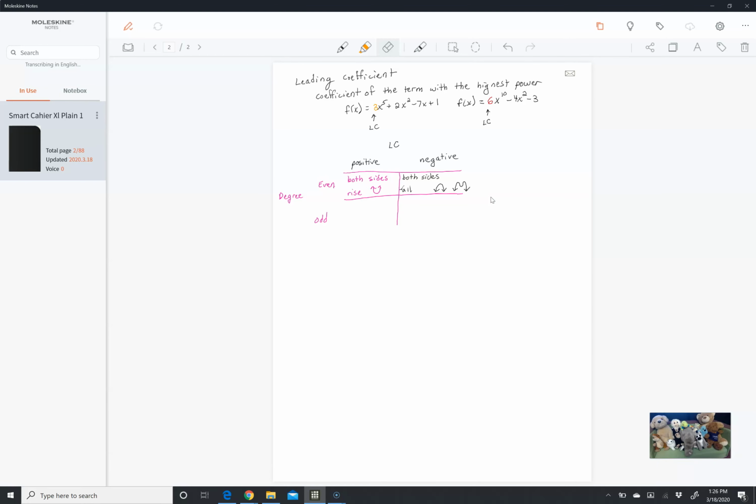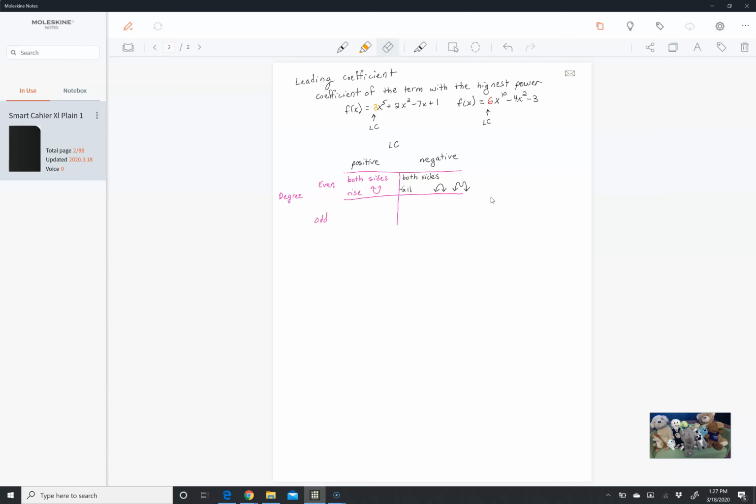Now, if we have odd degree, we know that each thing does something different. So if it's odd, we know that one side is going to rise, one side is going to fall. If the leading coefficient is positive, the graph is going to rise on the right. It rises on the positive side.